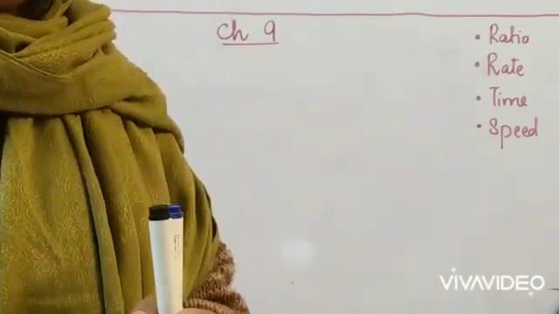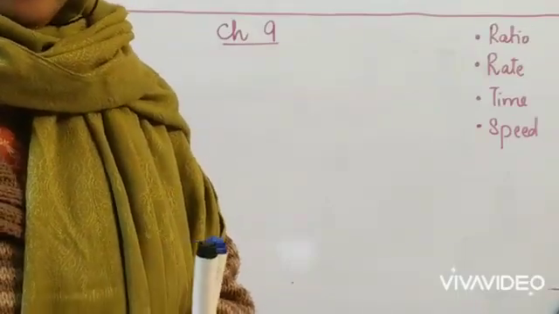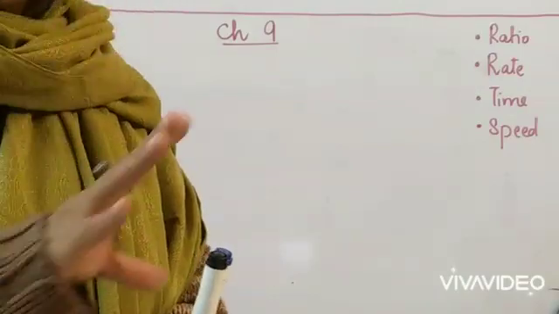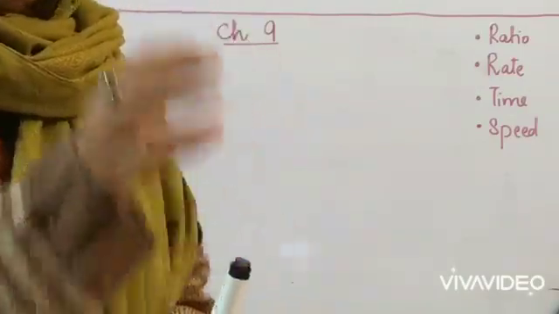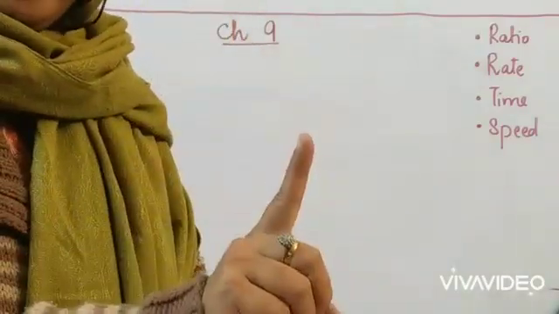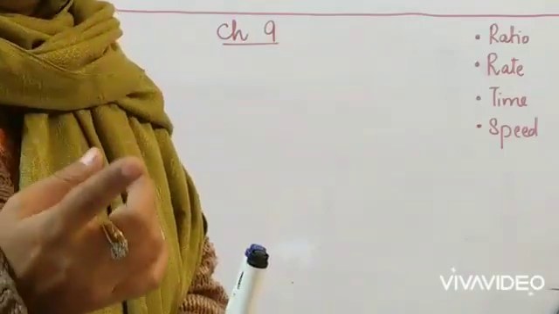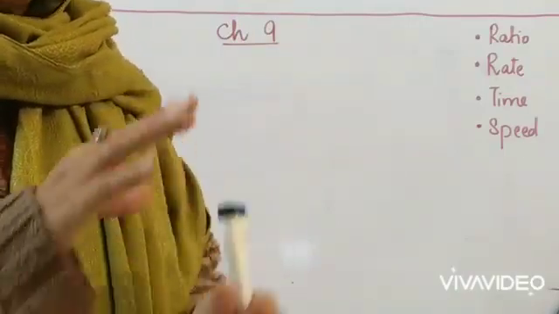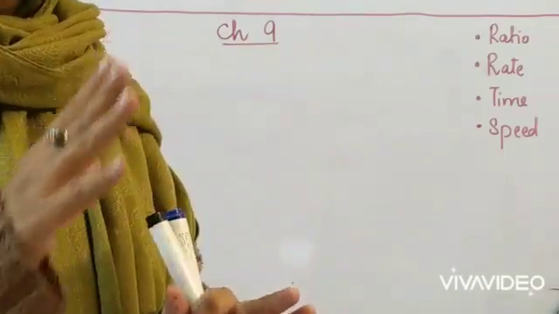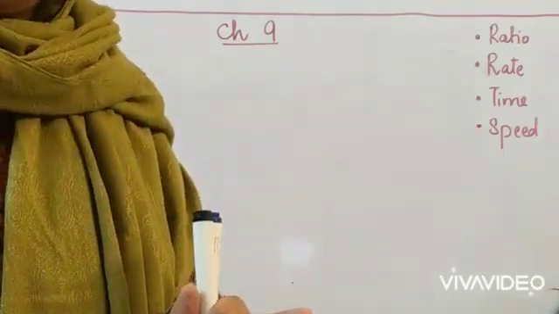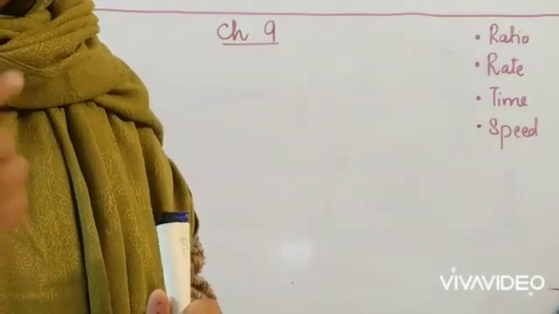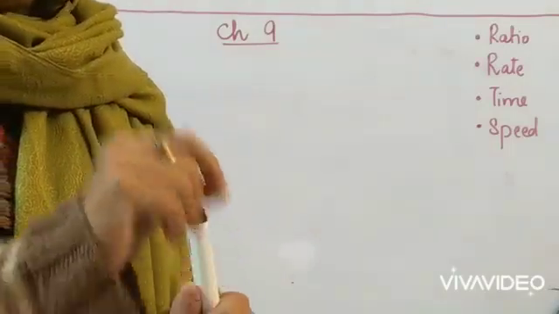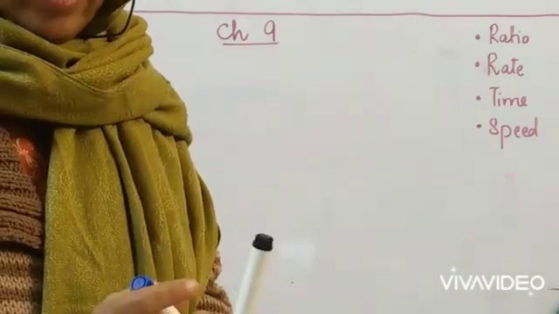So it is also called the unitary method. It means that you are going to find something which is given in abundance and you have to find something for one. Like you are going to a bazaar and you are supposed to buy bananas. If you got 12 bananas for, say, rupees 100, you have to see how much one banana costs. That is why it is called the unitary method.